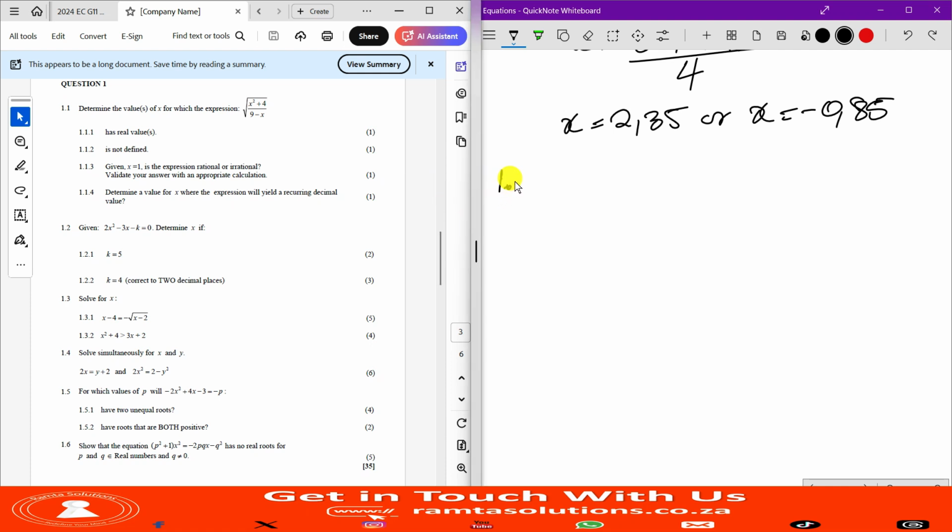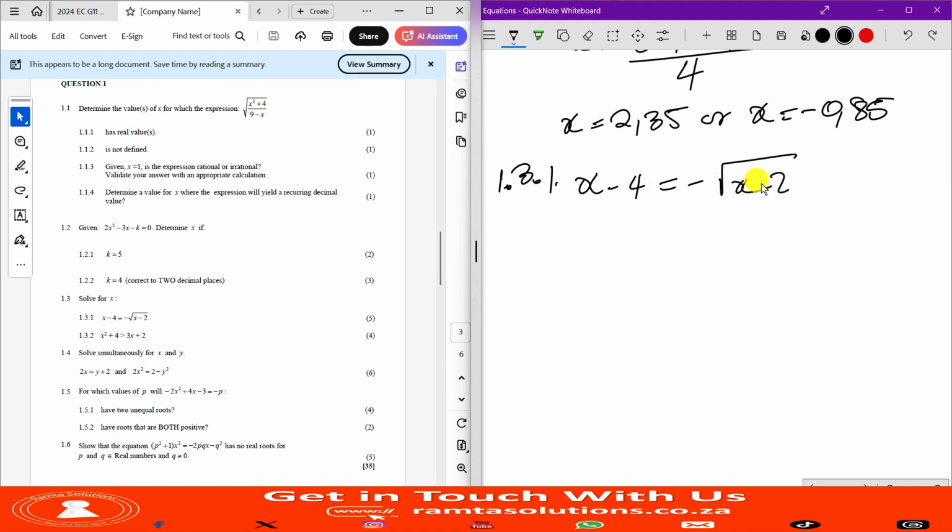Let's proceed to 1.3. 1.3 says solve for x. 1.3.1, when you have x minus 4 equals minus the square root of x minus 2. Remember this one here. As you can see, the highest power is 1. So it means possibly you might have more than one root or one solution, but only one is valid.